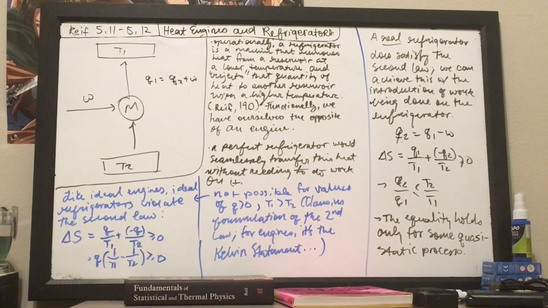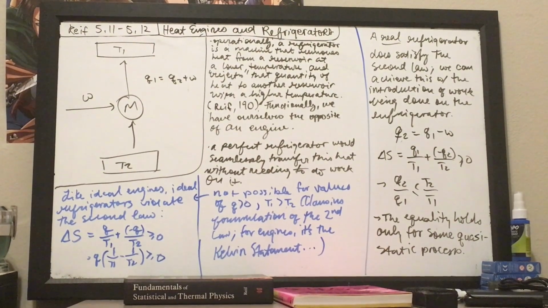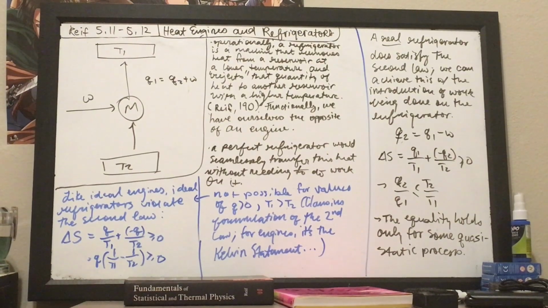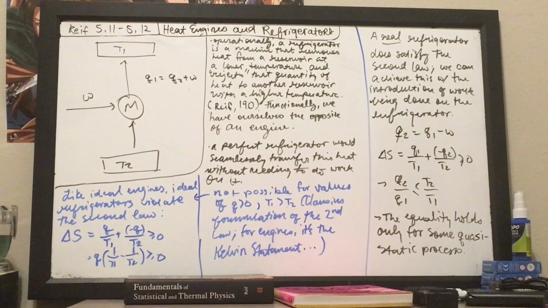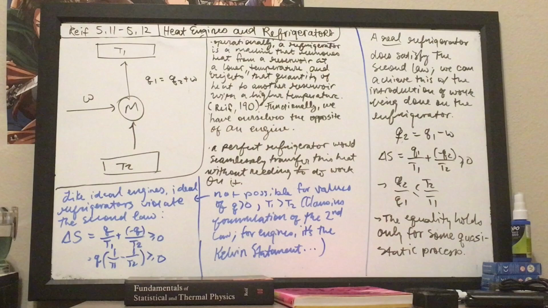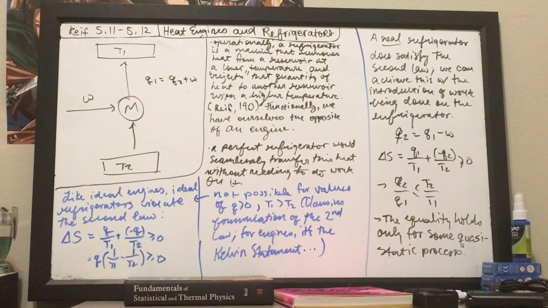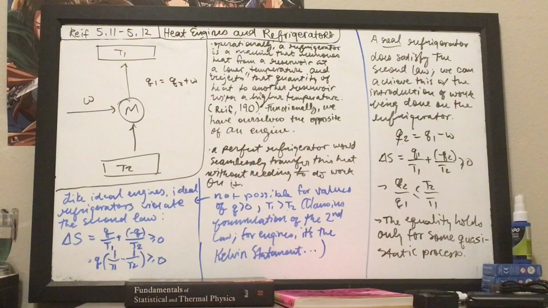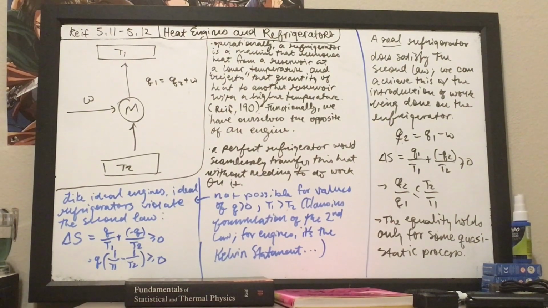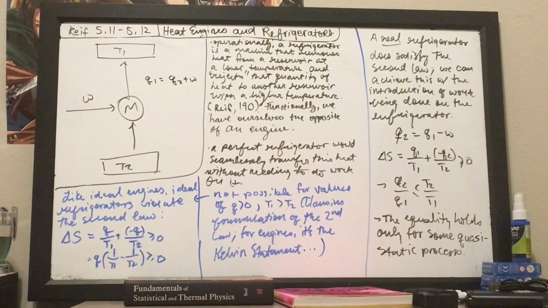Anyway, with that in mind, we actually do have to consider work when looking at our real refrigerators. When we consider the amount of work being done onto our refrigerator and we reparameterize the heat being taken from the lower temperature reservoir, then the math begins to math, right?